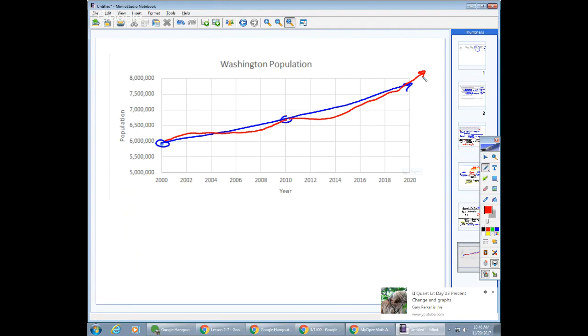So there's another possible way it could have happened. Maybe it just stayed kind of straight for a while and then just took off for some reason, and it's going to keep going nuts. Huge population increase.